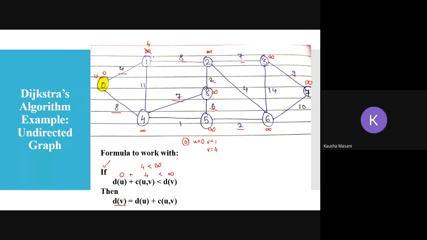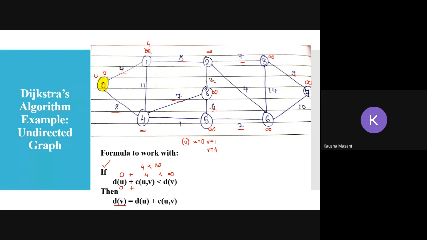Do you guys recall this? Repeat the same process for vertex 4. So U is equal to 0, V is equal to 4. D of U is 0.